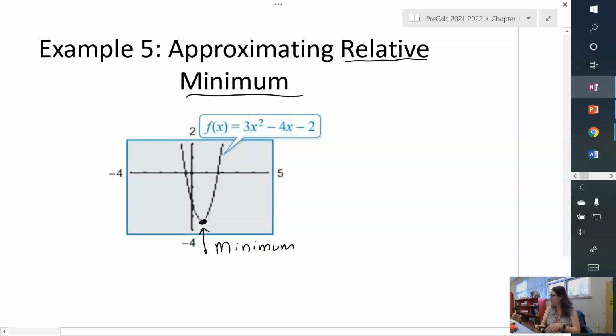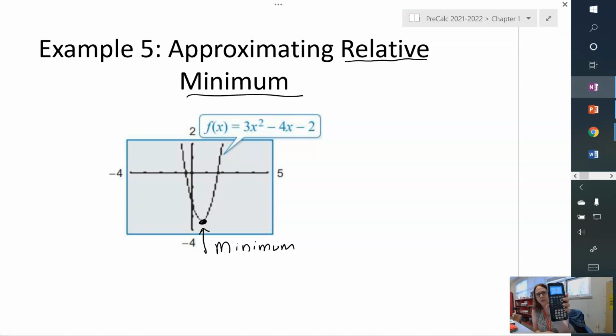So what you're going to do is you're going to grab your handy dandy calculator, graph this on your calculator, and it's 3x squared minus 4x minus 2.